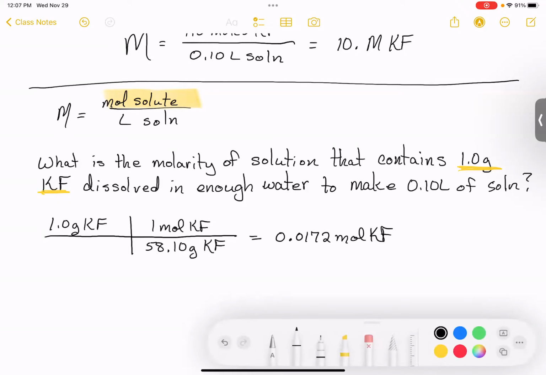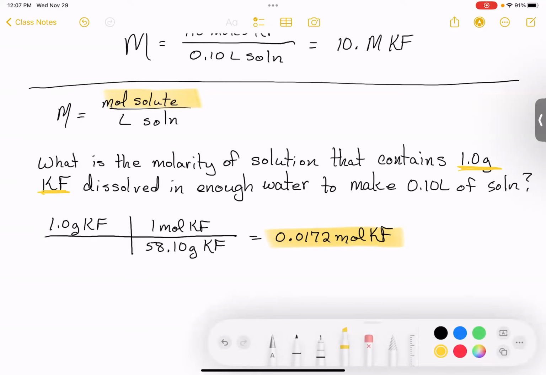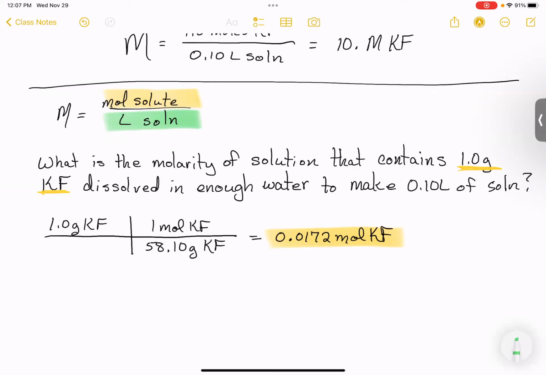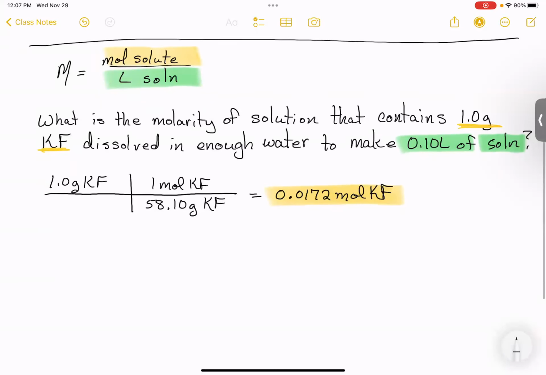And now I have that numerator I needed. The next thing I need is liters of solution, which in this case, they did give me. So I can use this equation now. The molarity is going to equal 0.0172 moles of KF divided by 0.10 liters of solution.